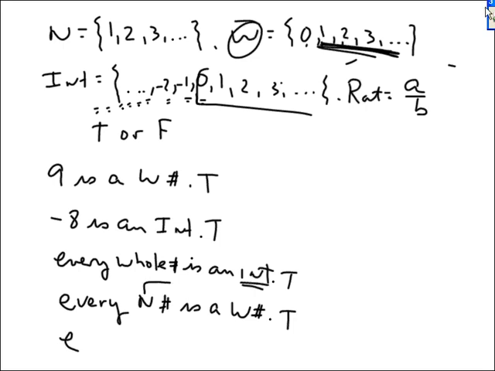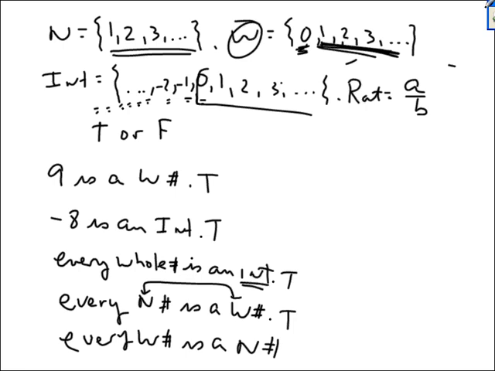What if I interchange these? What if I write, every whole number is a natural number? Well, 0 is a whole number. But you know what? It's not a natural number. I don't see it in this list. 0 is a whole number, but it's not a natural number.